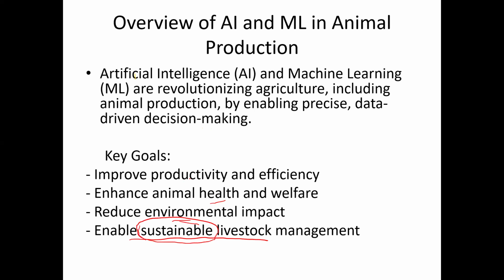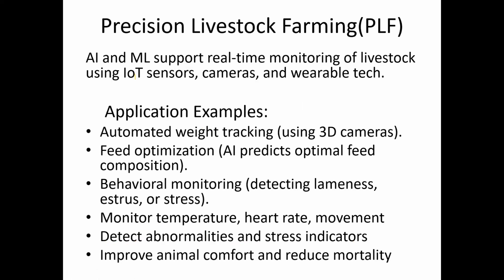We also mentioned some of the possible interventions: automated weight tracking, feed optimization, behavioral monitoring, temperature monitoring, detecting abnormality and stress at a very early stage, and improving animal comfort and reducing mortality.